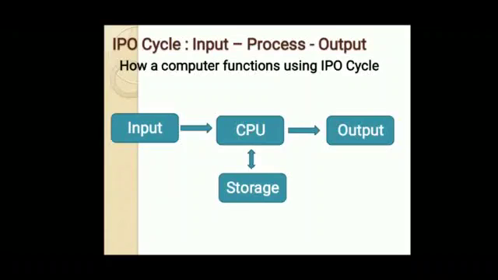First it takes the input from the user and sends it to the CPU, and the CPU stores the data and processes that data. Again the result is sent to the user. This is the work of a computer, a cycle of working process, and this is called the IPO cycle. Clear?